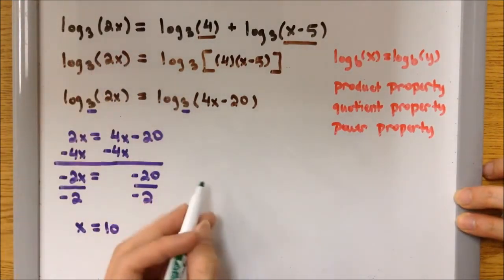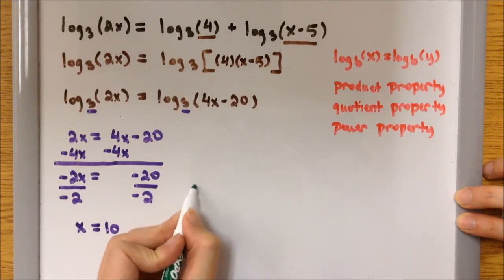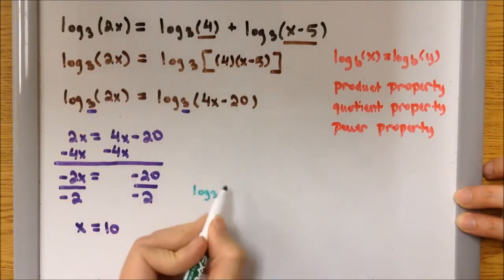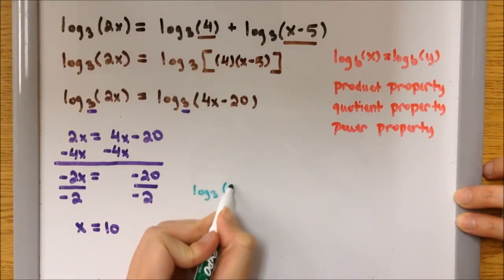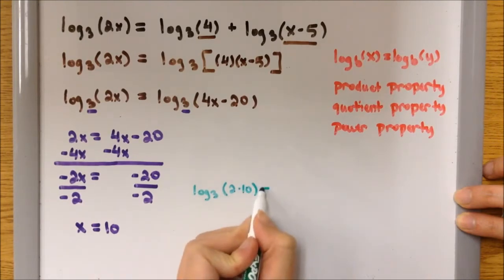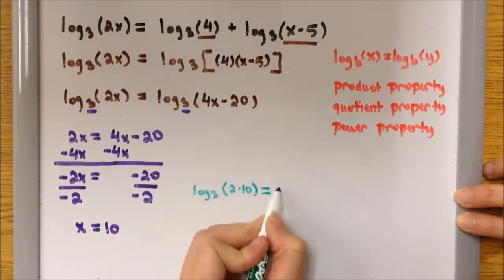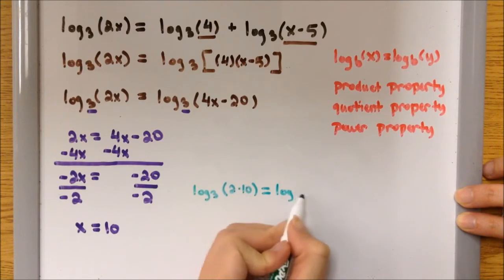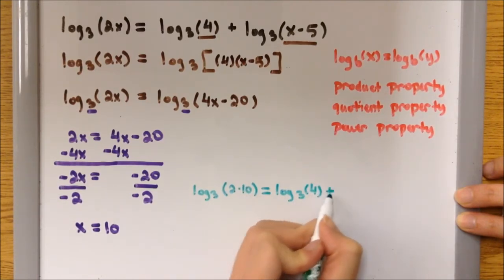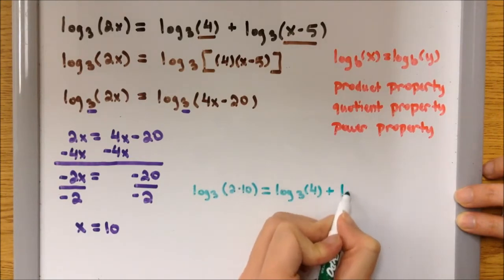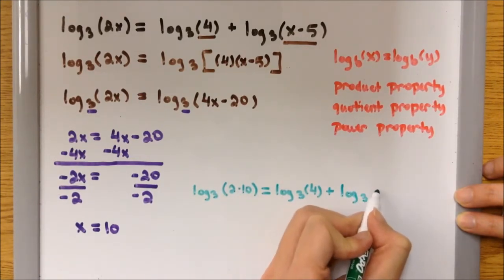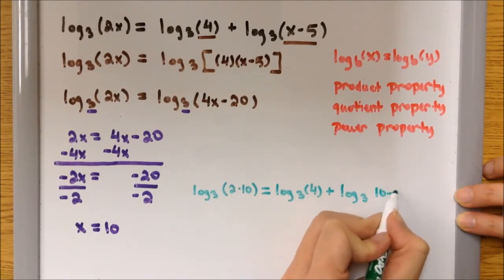So log base 3 of 2x, so 2 times 10, equal log base 3 of 4 plus log base 3 of 10 minus 5.